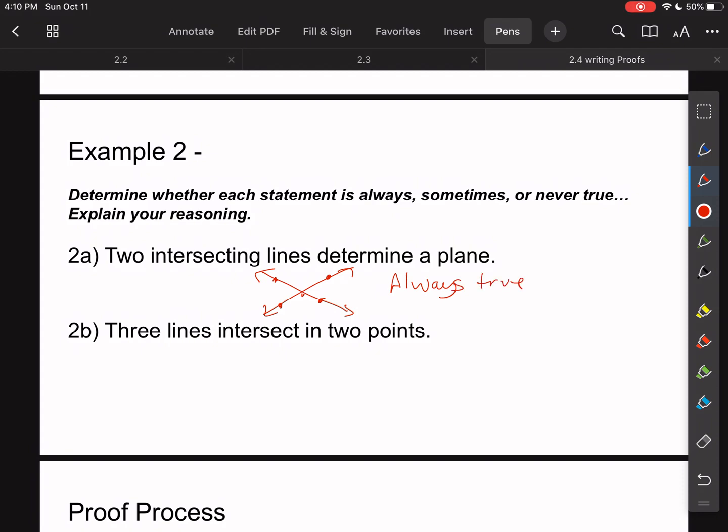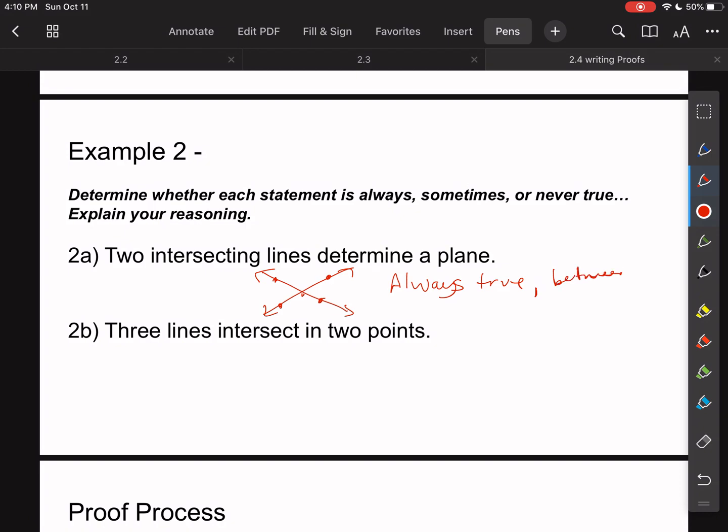And it says that you need to explain your reasoning here. Okay, so what is my reasoning for this? Well, between any two intersecting lines, there is always at least 3 non-collinear points, which is what makes up a plane, right? So if you want me to write that down, I guess I could do that.